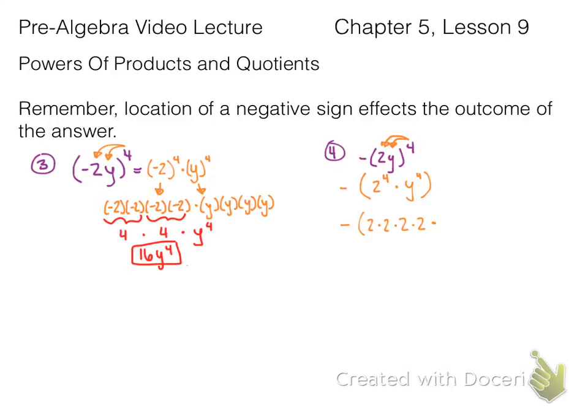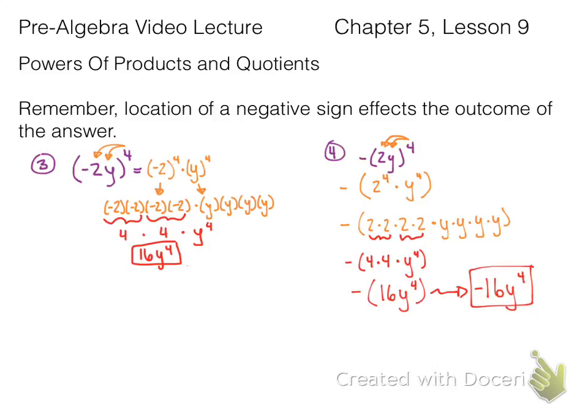So we have 2 to the fourth, which is 2 times 2 times 2 times 2, times y to the fourth, which is y to the fourth, and 2 times 2 times 2 times 2 is 16, 16y to the fourth. But since the negative is outside of the parentheses, you apply it last. So there you go. Instead of getting positive 16y to the fourth, we're going to get negative 16y to the fourth. And that's because the negative is only on the outside of the parentheses.